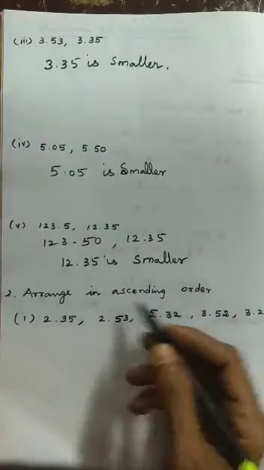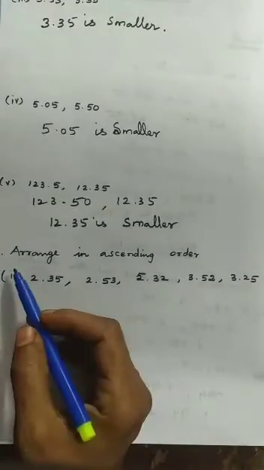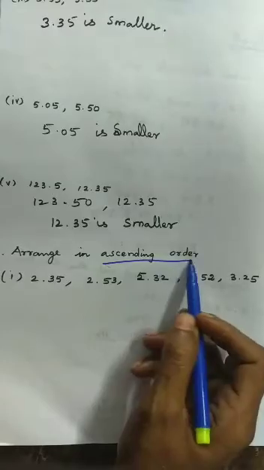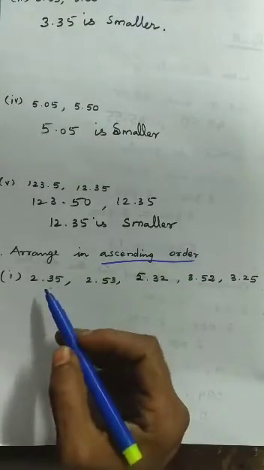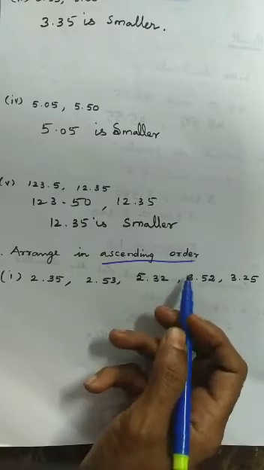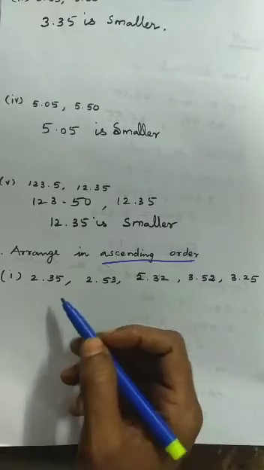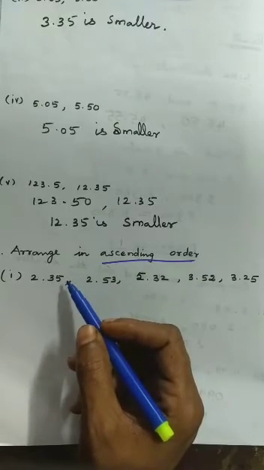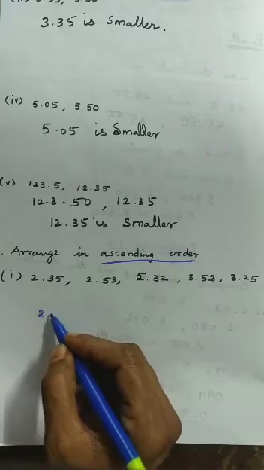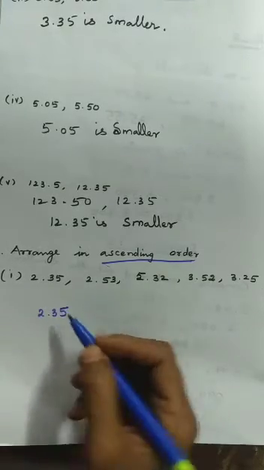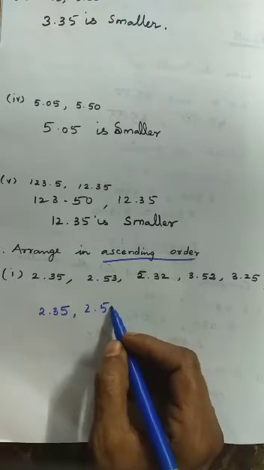Then arrange in ascending order. Ascending order means smaller to bigger. See here 3, 3, 5, 2, 2. 2 is smaller, first. 2.35, next 2.53. So 2.35 is first and next is 2.53.